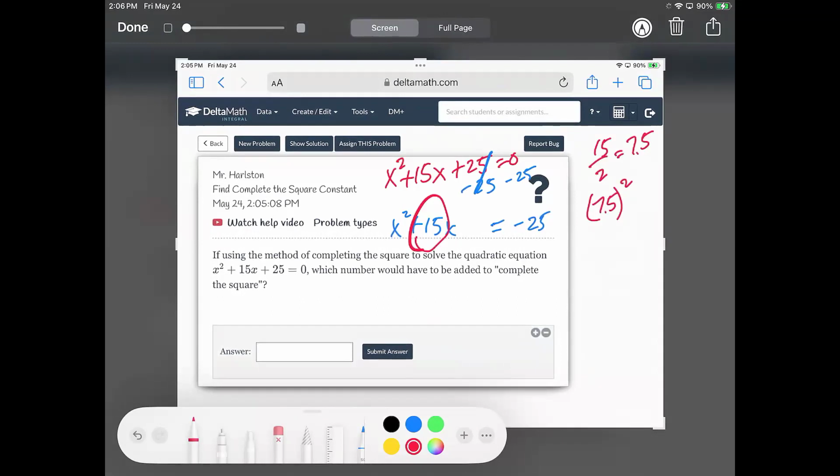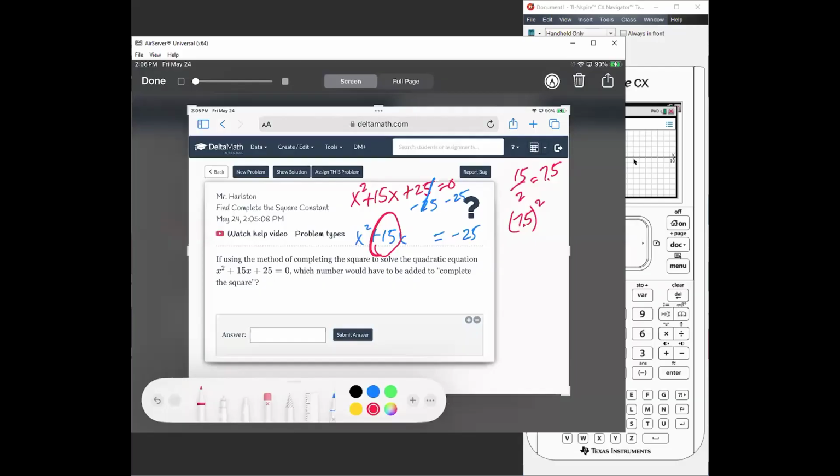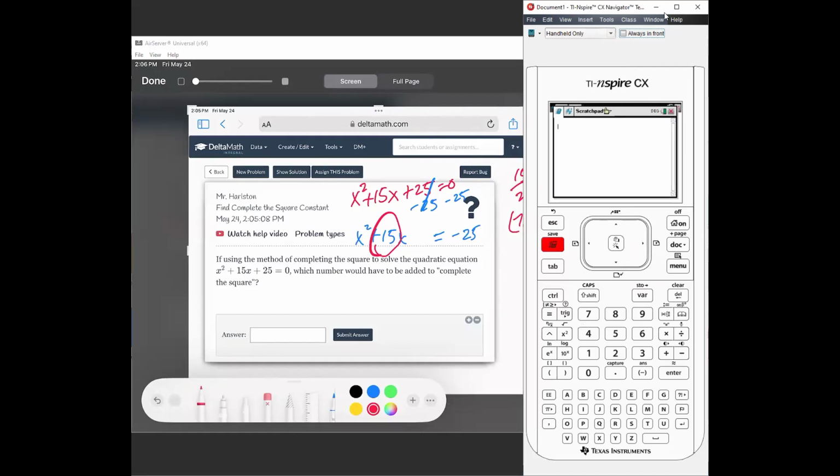Just use your calculator, because I don't think you guys can multiply this in your head. I know I can't. Some numbers I can, but this one I can't. So let me go get my calculator. I'm going to do 7.5 squared, and I get 56.25.